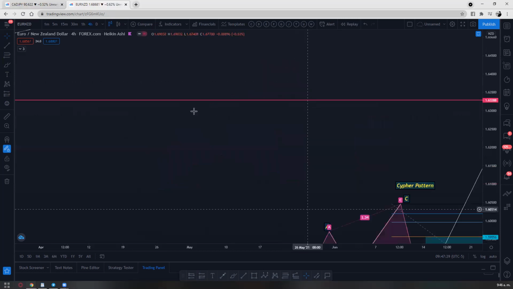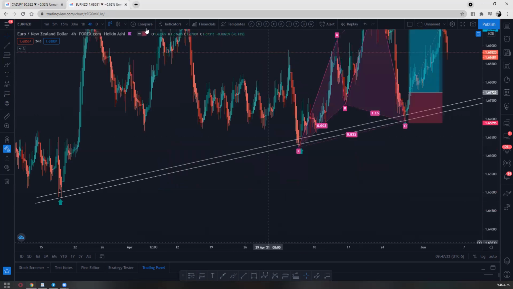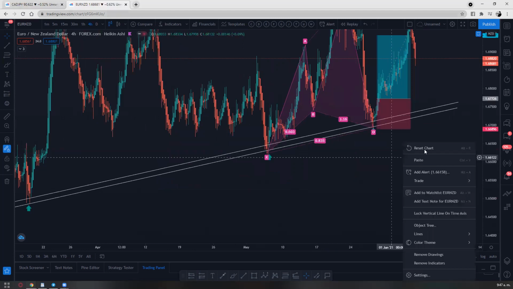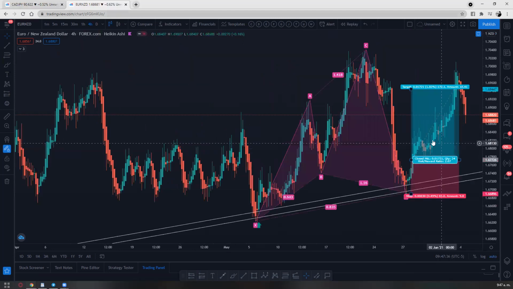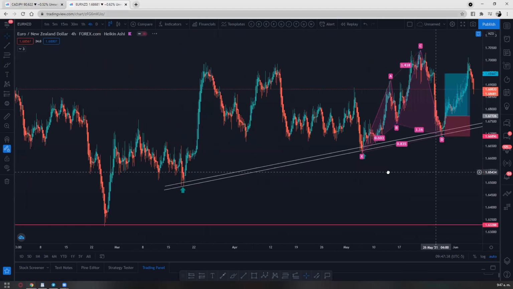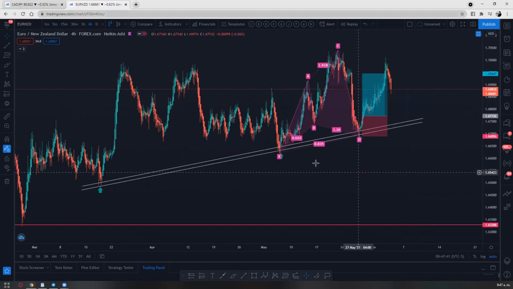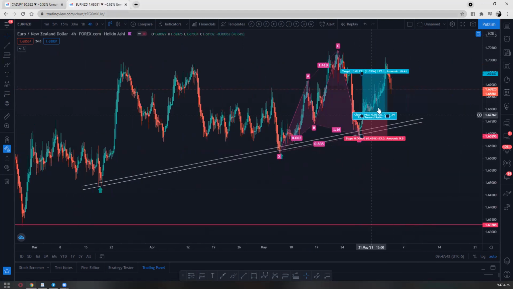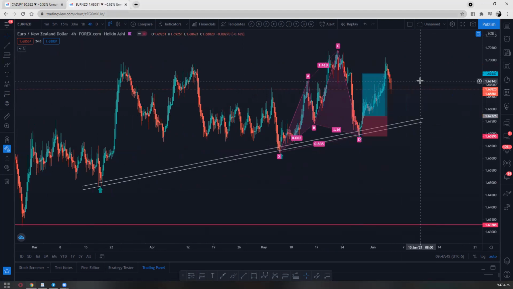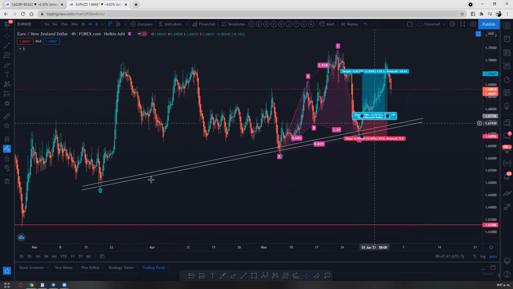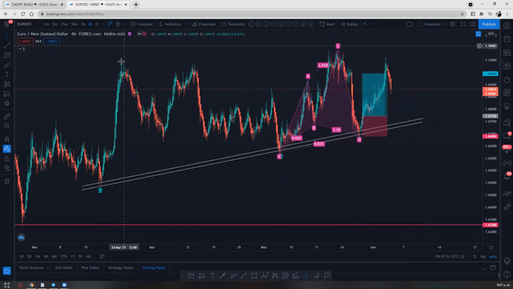Now let's go on the chart and see what happened this week with this Cipher pattern right there. Again, what do you see? You see I'm applying my rule, which is at least 3 touches on a trend line. It could even be a downtrend.